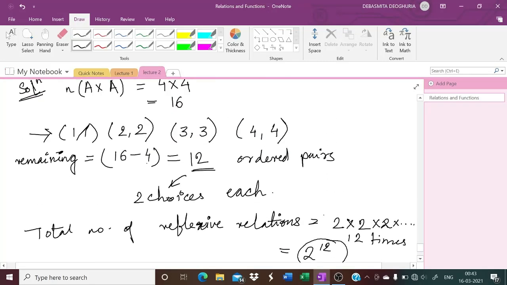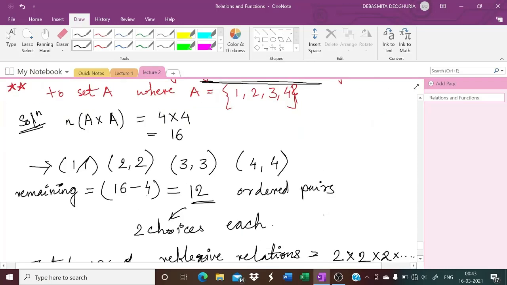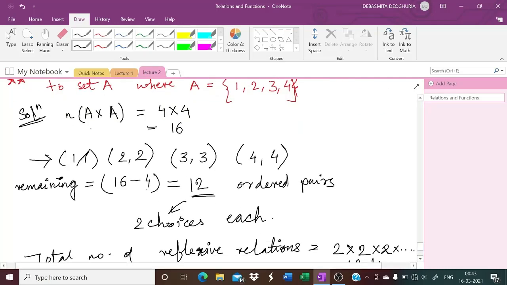Okay, if you have not understood, I am telling it once again. The total number of elements in the Cartesian product would be 16. We have already learned that if set A has 4 elements and set B has 4 elements, because it is from set A to set A, the total number of elements in the Cartesian product would be 4 into 4, 16. Now out of these, 4 are the must ordered pairs.